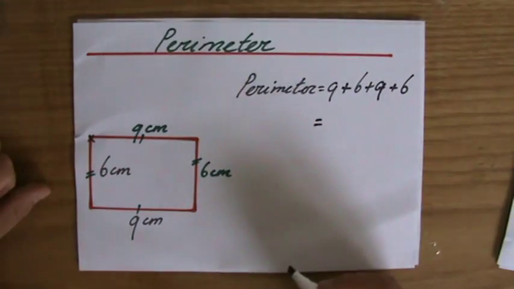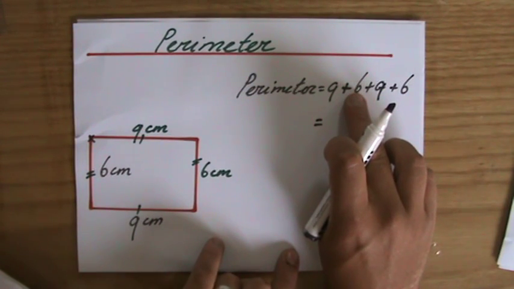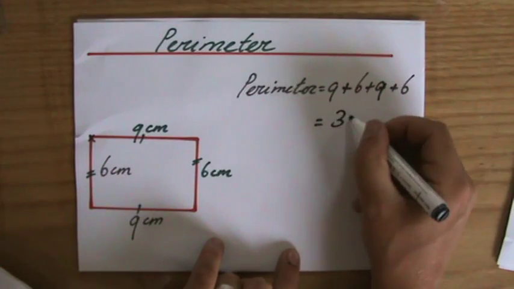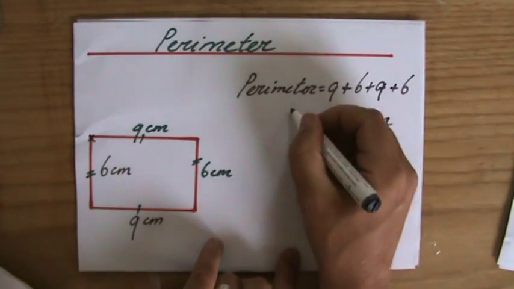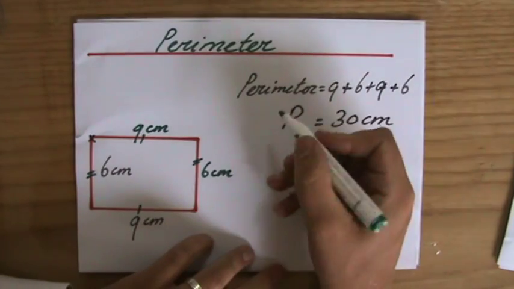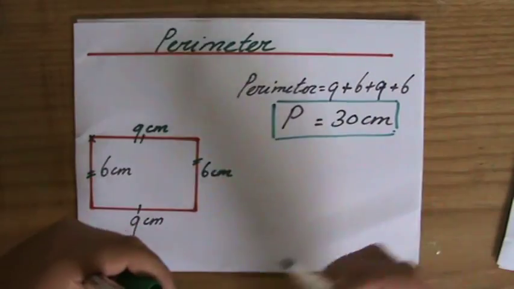So what is the perimeter? If I add all of these up, 9 plus 6, 15 plus 9, 24 plus 6, that's going to be 30 centimeters. So the perimeter of my rectangle equals 30 centimeters. If I add up all the lengths on the outside, it's going to equal 30 centimeters.